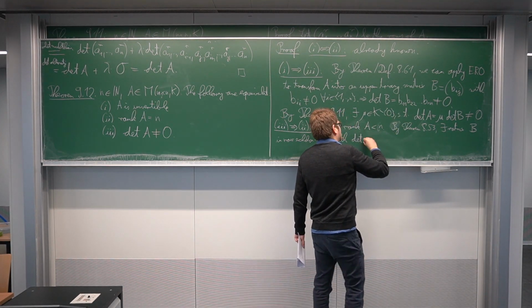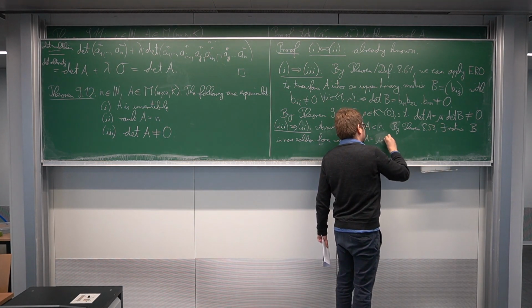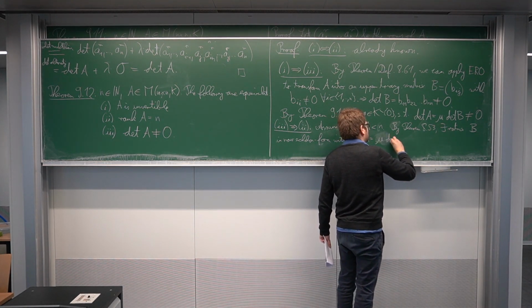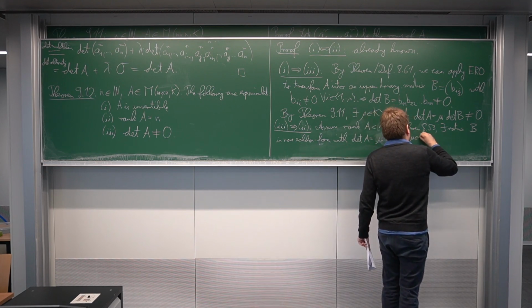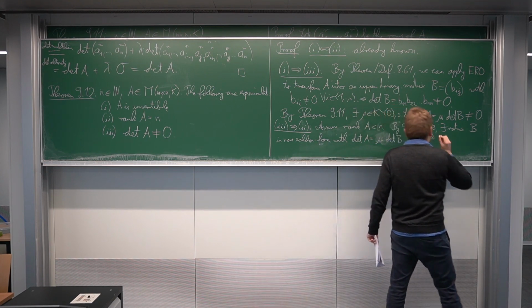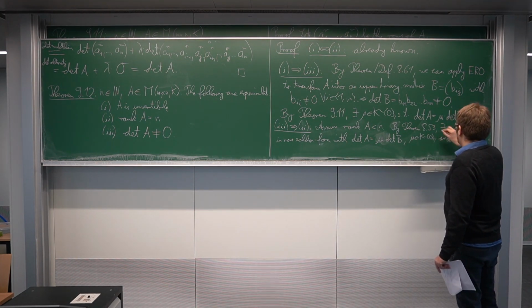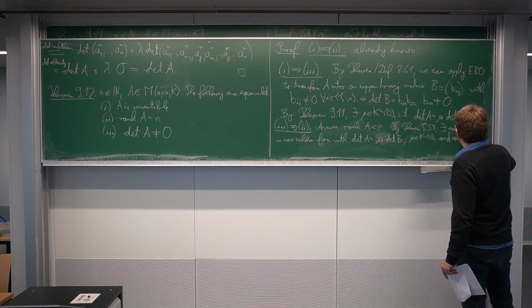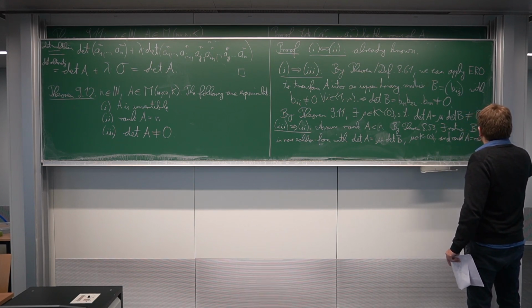The determinant of A is mu times the determinant of B. So again, elementary row operations, for some mu in K without 0. But what we also know from this Theorem 8.53 is that the rank of A is the rank of B.